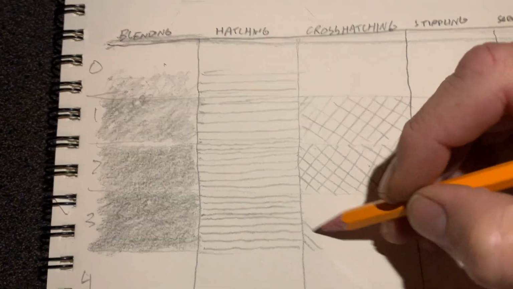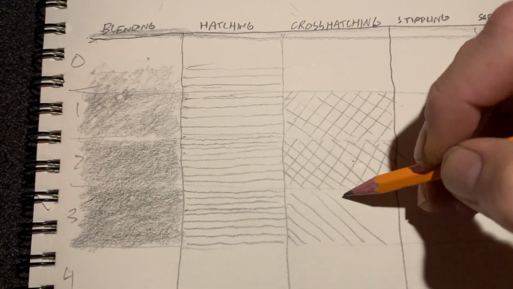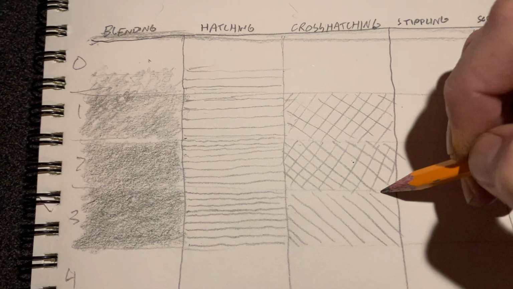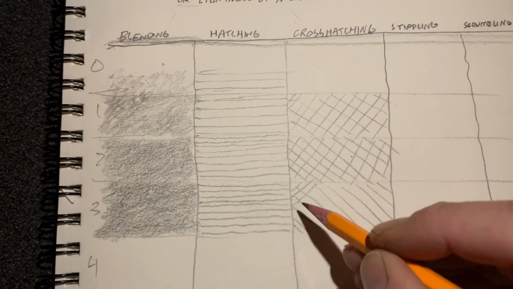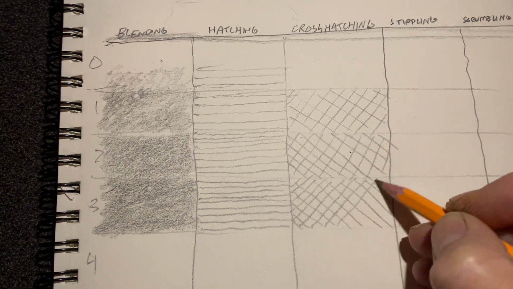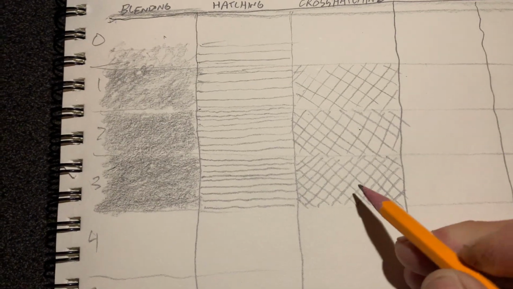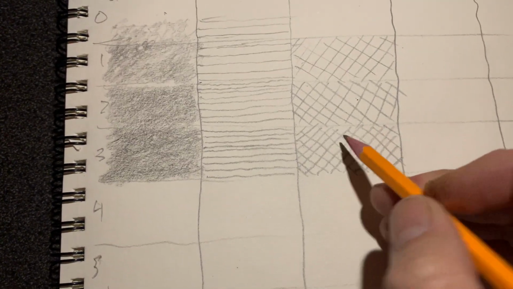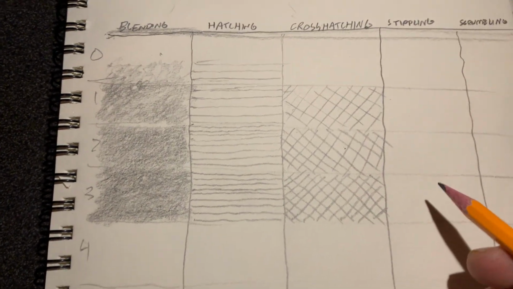I'm going to go down, one more. Keep that space kind of the same in between them, and then I'm going to add even more lines. So see, it's starting to get dark because the more lines you have and the less space between the lines, the darker it's going to look.